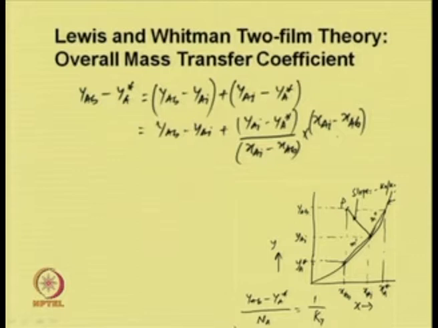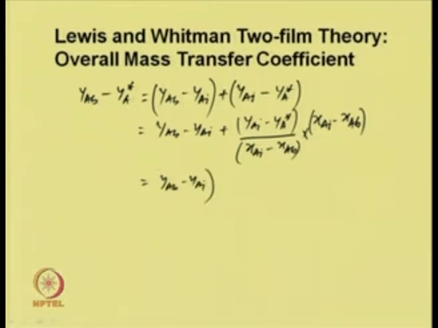The slope of this line is y_AI minus y_A star divided by x_AI minus x_Ab. So, we can write y_Ab minus y_AI plus m dash (x_AI minus x_Ab).